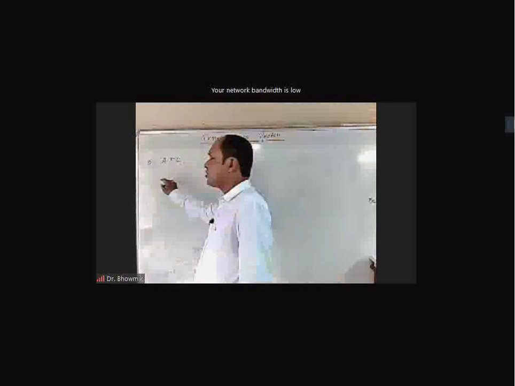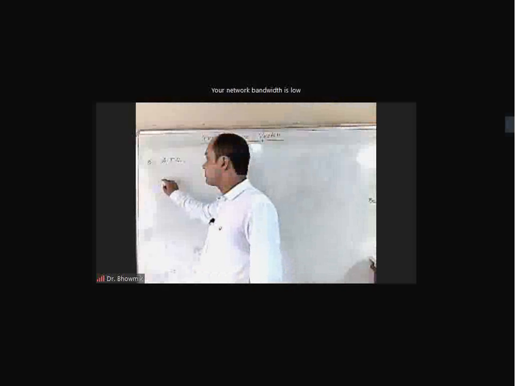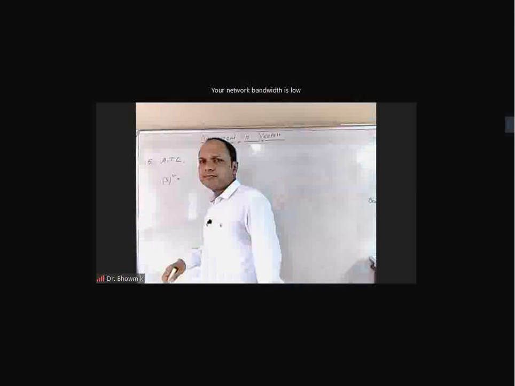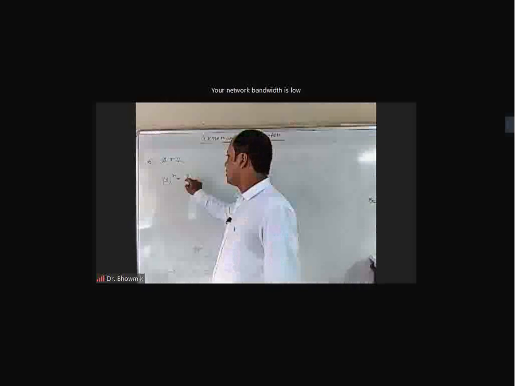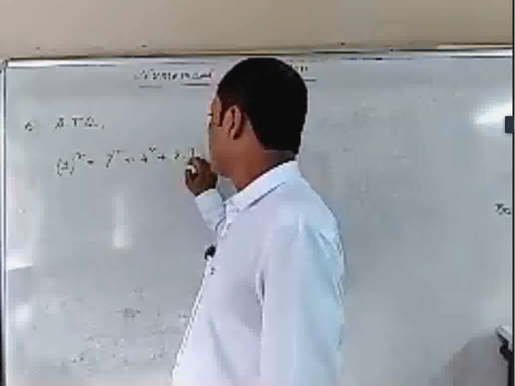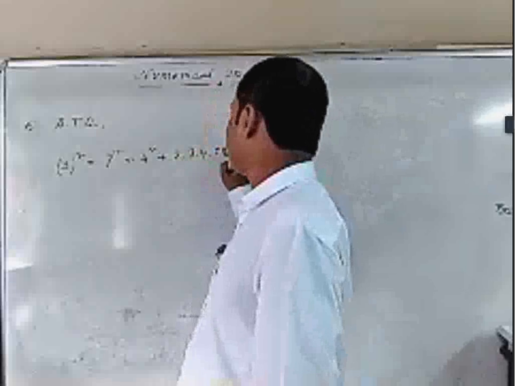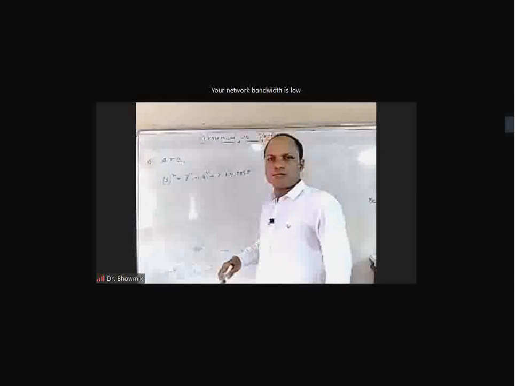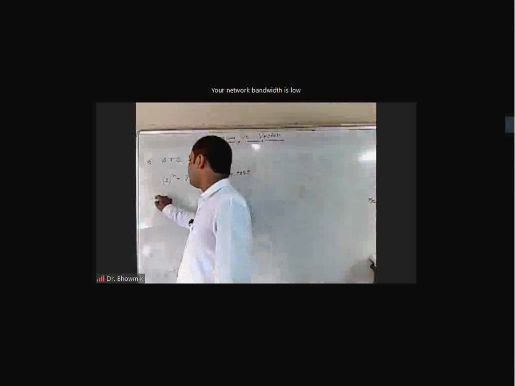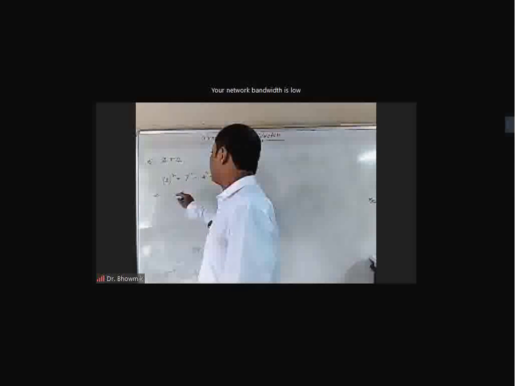The left side, what should I write? It will be 3 square, na? Equal to 7 square plus 4 square plus 2 into 7 into 4 cos theta. Whether I am correct or not? Now, this is 9.